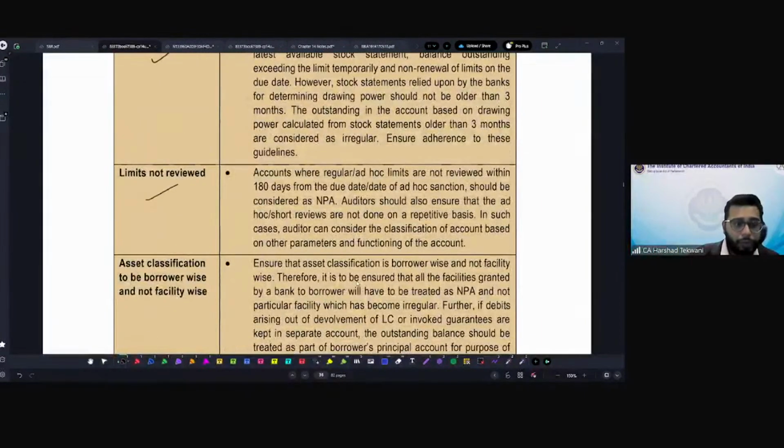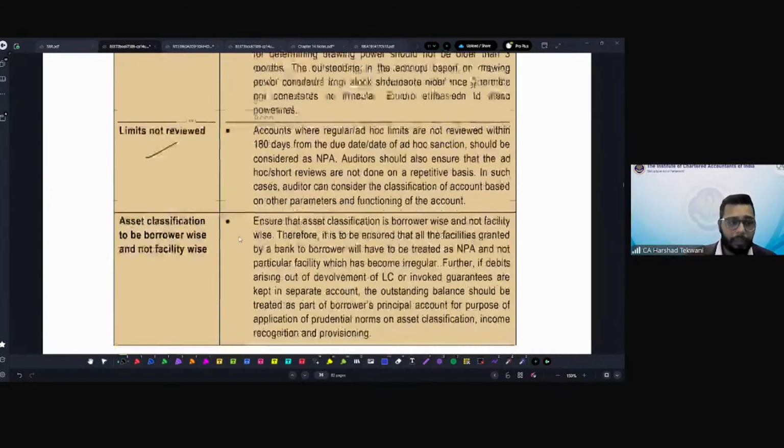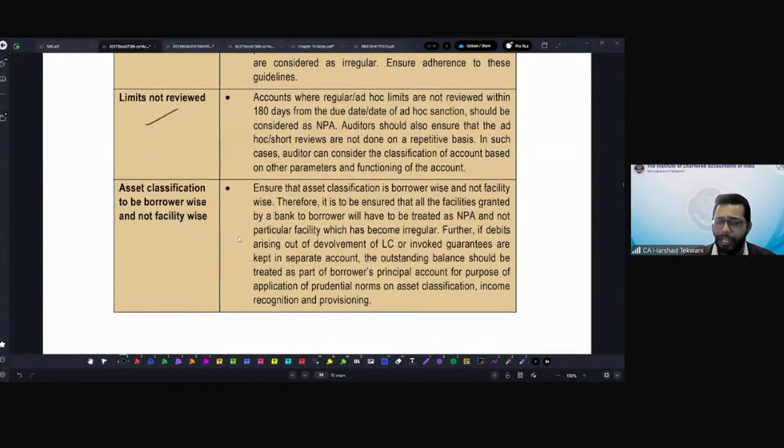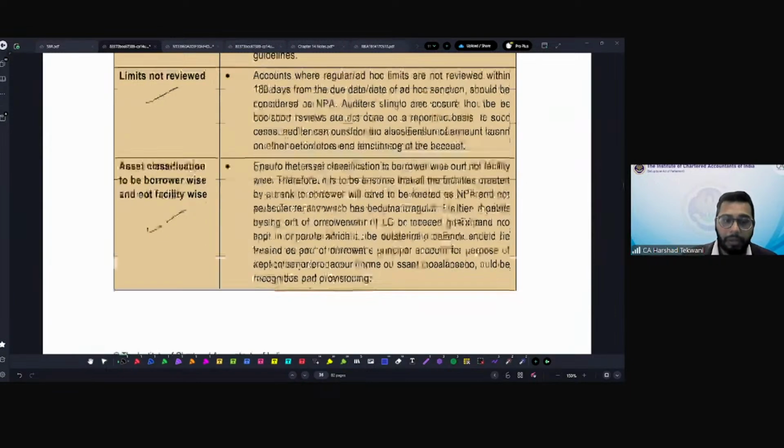Limits not reviewed. If there are limits which are not reviewed for more than 180 days, that account is required to be considered as an NPA. Multiple types of scenarios are there, as I was discussing, for classification of an account as an NPA. Asset classification, borrower wise, not facility wise, that we discussed.